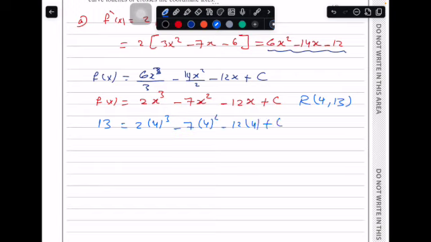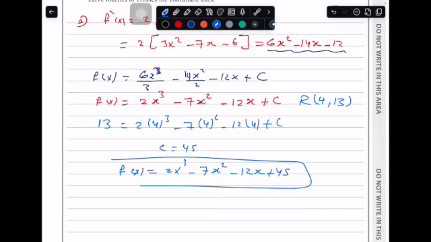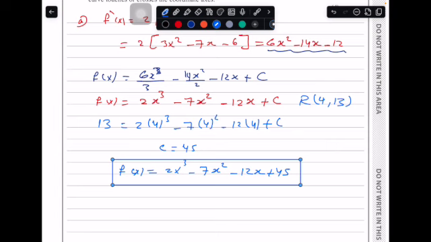Calculating everything here, we can find the value of c, which is going to be 45. Write it in the final form. So f of x is equal to 2x to the power of 3 minus 7x squared minus 12x plus 45. And this is the final form of f of x.